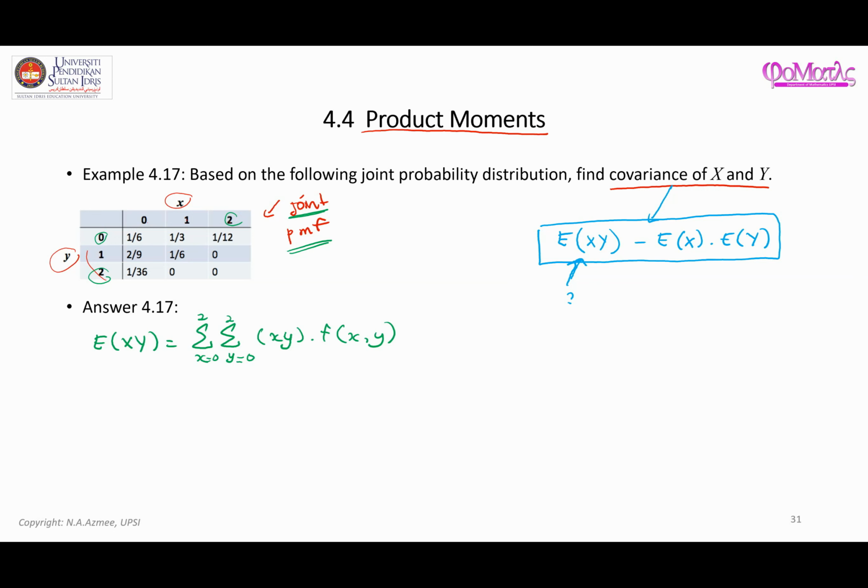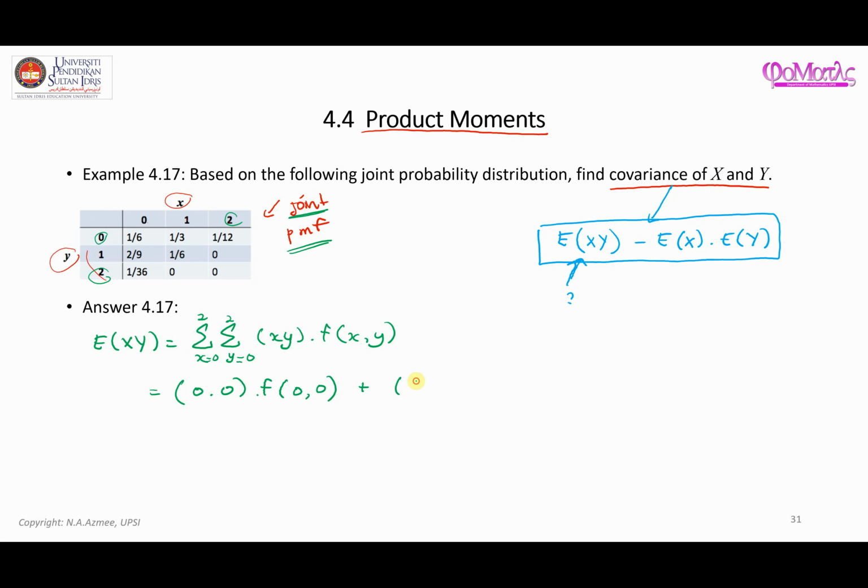We're going to start substituting the values of x and y accordingly, starting with x equals 0 and y equals 0. Following the formula, we have 0 times 0, f(0,0). Then we maintain x equals 0 but keep changing the inner part, the values of y.